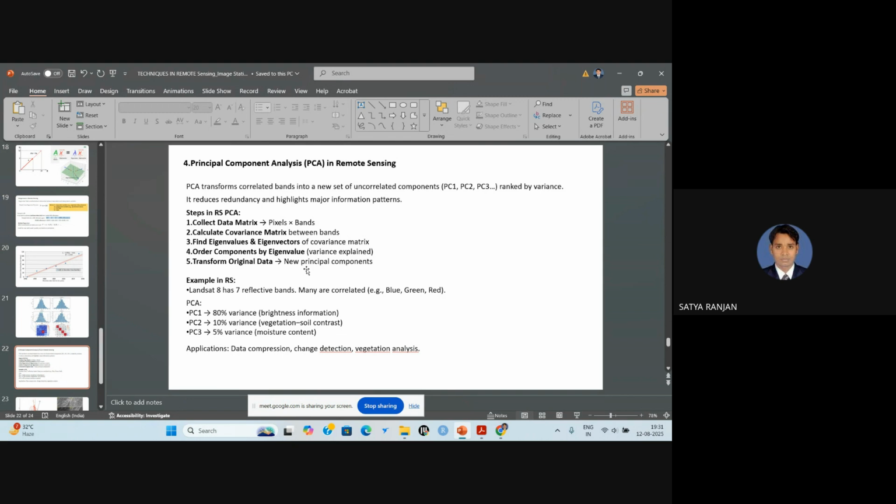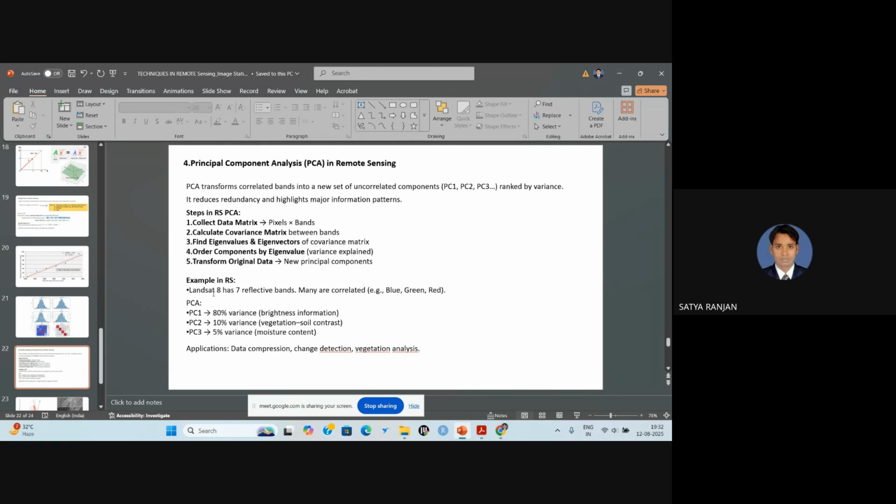We only have to give the data, then it automatically calculates the PCA. Generally there are PCA 1, PCA 2, PCA 3, PCA 4, a lot of principal components. Each component is given in different ways, and components of different dimensions are created. It is used in hyperspectral and also multispectral remote sensing.